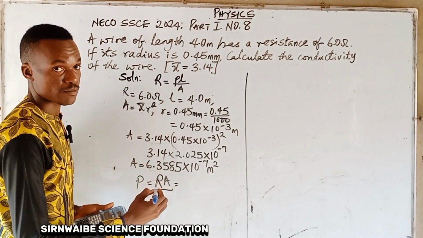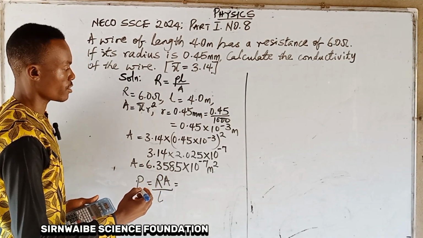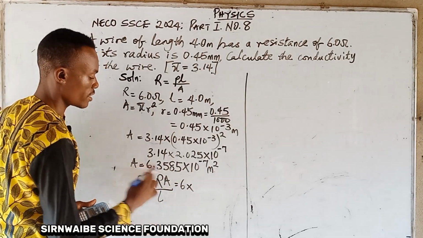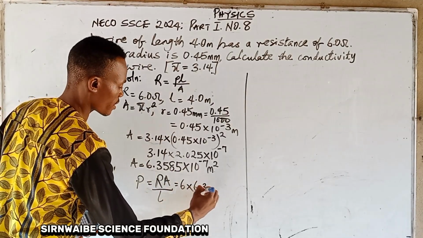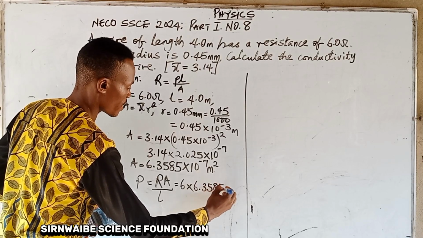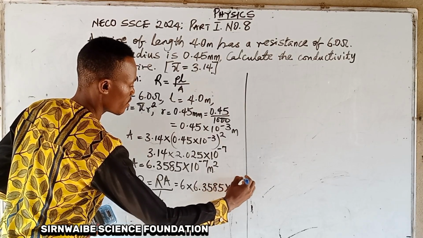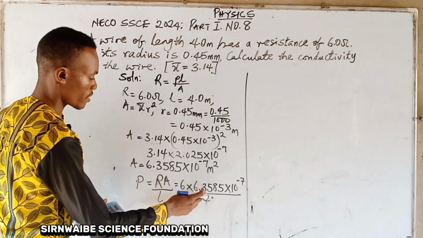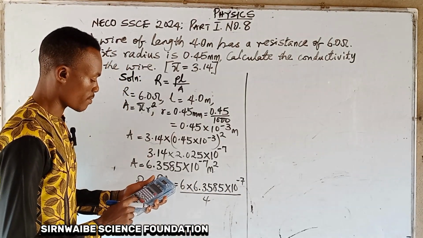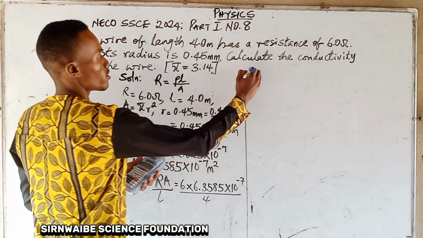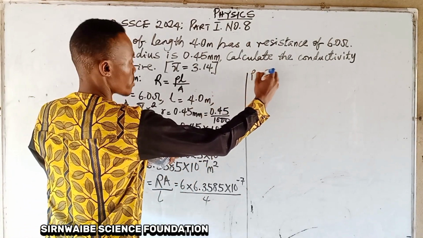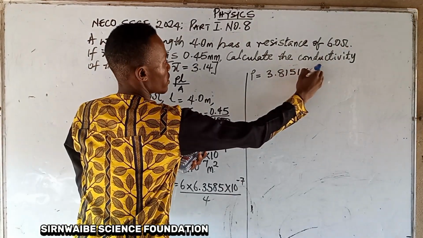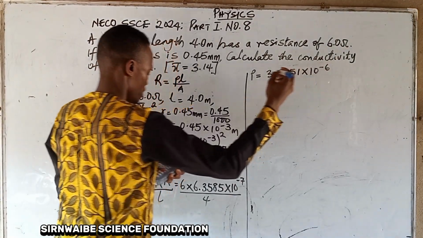So we substitute now. On substituting, R is 6, then A is 6.3585 times 10 raised to power minus 7, divided by 4. I already have this value in my calculator here, so I multiply by 6. ρ now will give us 3.8151 times 10 raised to power minus 6.